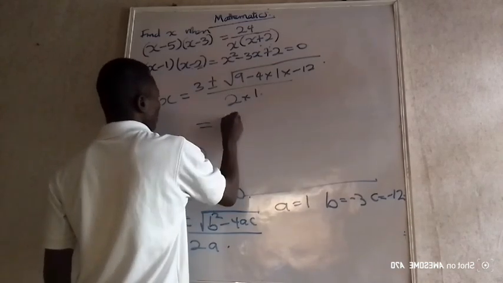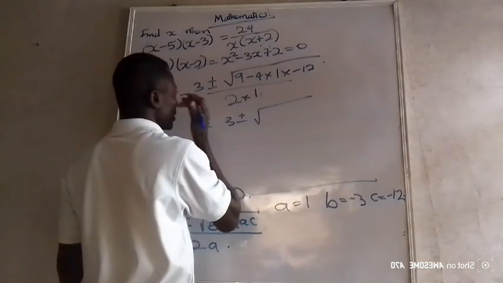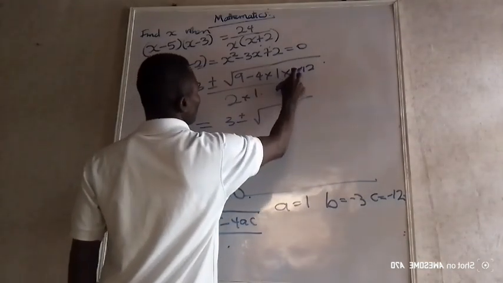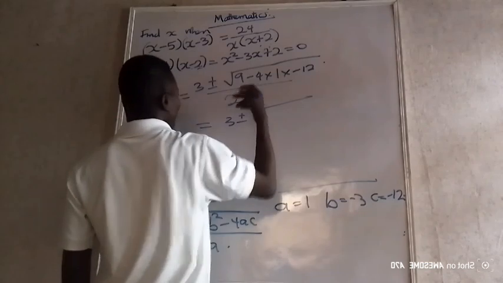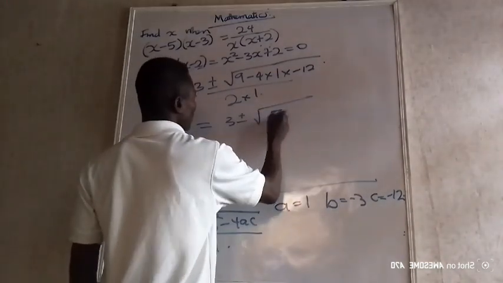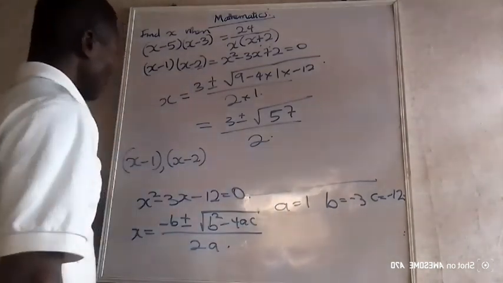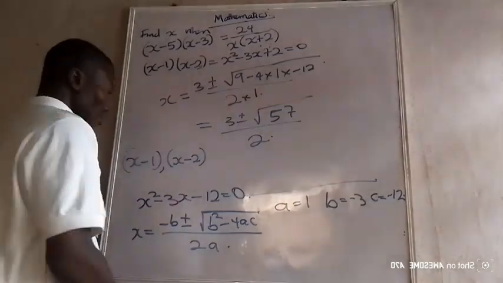So that's going to be 3 plus or minus root 9 plus 48, that is root of 57, divided by 2. So x, look at this.